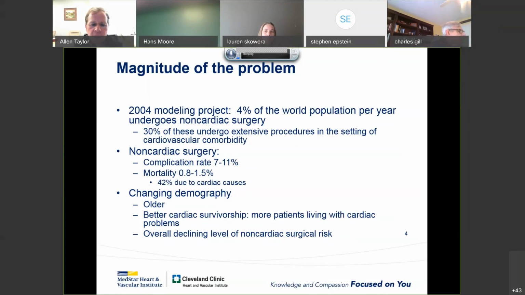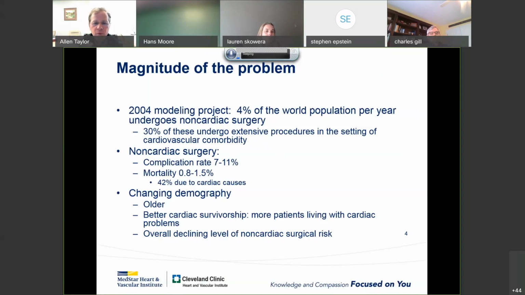So when we're consulted on these patients because of concern for cardiac morbidity that could occur with a non-cardiac surgery, that's the reason. But we do this in a changing demography. Patients are older. There is better cardiac survivorship. As we all know, more patients are living with cardiac problems. And there is at the same time a declining level of non-cardiac surgical risk.